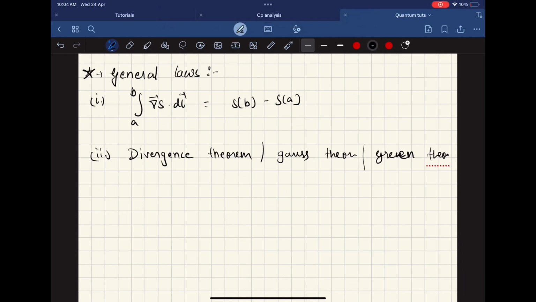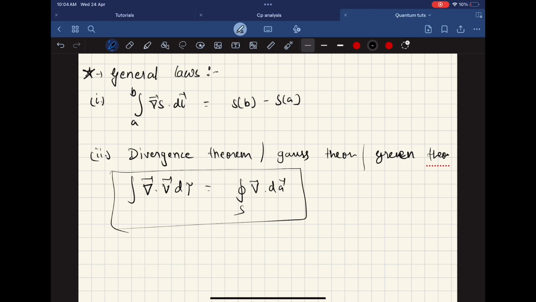Here we have the integral of del dot V d tau equals the integral of V dot dA. So this is the divergence theorem. It says that the volume integral of the divergence equals the surface integral.